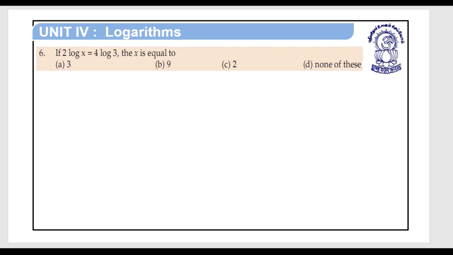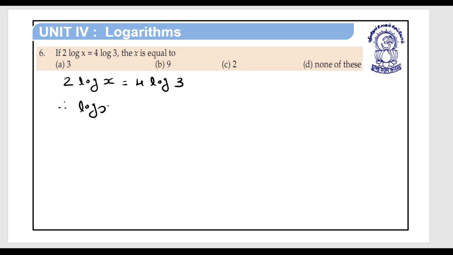Next, if 2 log x is equal to 4 log 3, then find x.